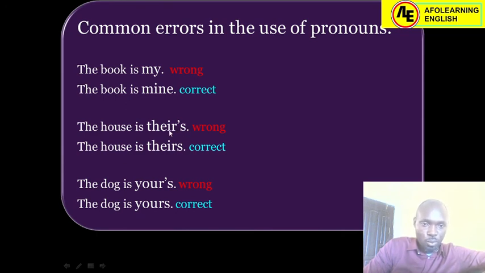This is utterly wrong. It's completely, absolutely wrong. The correct expression should be the house is theirs, without any apostrophe. Another example is the dog is your's. This is wrong with the insertion of the apostrophe. The correct expression is the dog is yours.